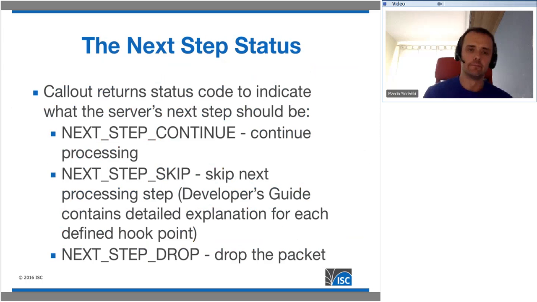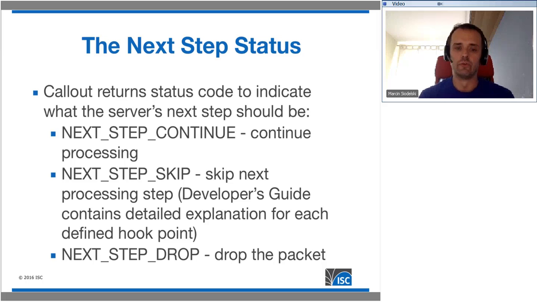Okay, and the next important thing is the next step status. Callouts have a way to return the status of their operation to the server and indicate to the server what the server should do next.